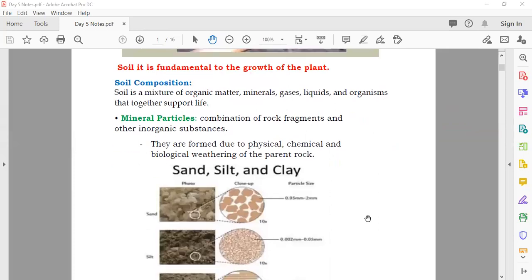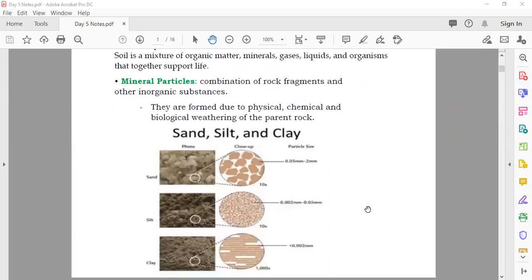After that, you can see that inside the soil you can find sand. When you're talking about mineral particles, you'll find silt and you'll find clay. It is just a small introduction I am giving you.